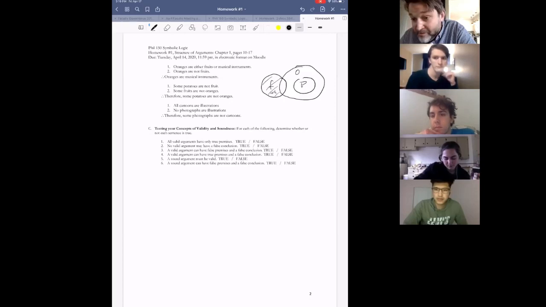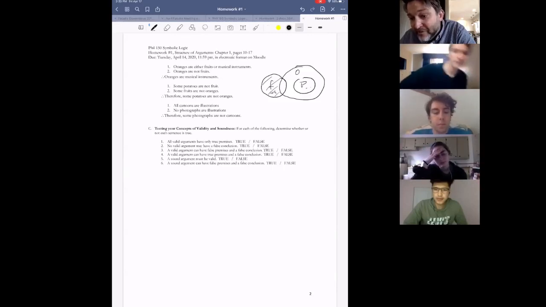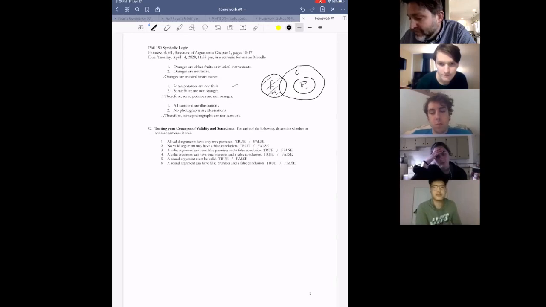Some oranges are fruits. That doesn't have to be the case, but we can suppose it is, right? So this makes the two premises true. According to this diagram, some potatoes are not fruits. All of them are not. And some fruits are not oranges. But no potatoes are not oranges. All potatoes are oranges. Right? So this situation is such that the premises are all true, but the conclusion is false. So this argument is invalid.